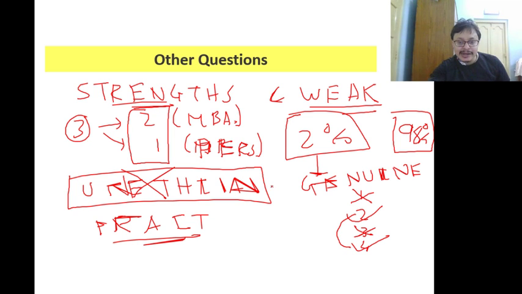Anything which is not unethical and practical is what your final answer should be. It need not be the most ethical approach. No, that is not required, but it should definitely not be an unethical approach. It should be practical, feasible, yet not unethical.